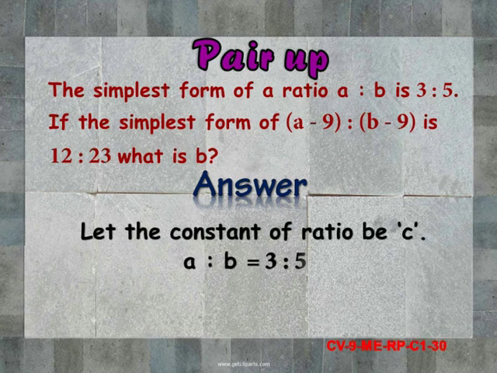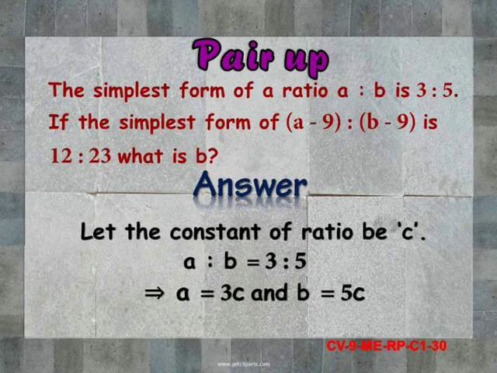A:B is equal to 3:5 is the given ratio. Now, let us multiply both the terms 3 and 5 by a constant C. We get A is equal to 3C and B is equal to 5C.